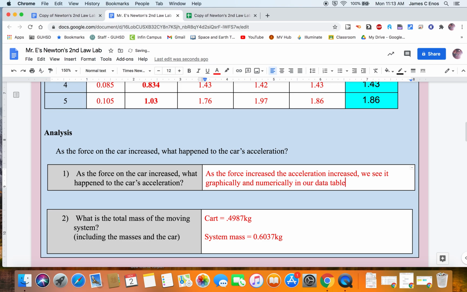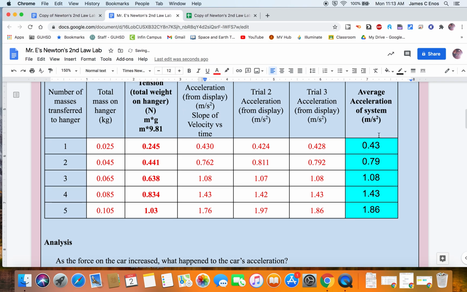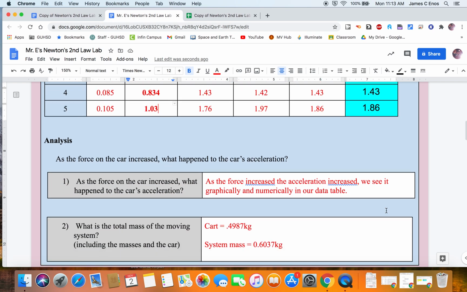What I mean is, you can see it here with this net force of 0.245 newtons, we had a 0.43 meters per second squared acceleration, going up to a net force of 1, we have an acceleration around 2. So it's much bigger as that force increased.